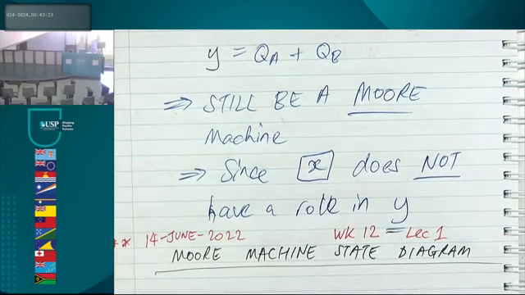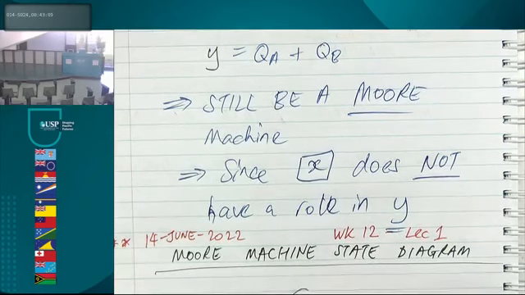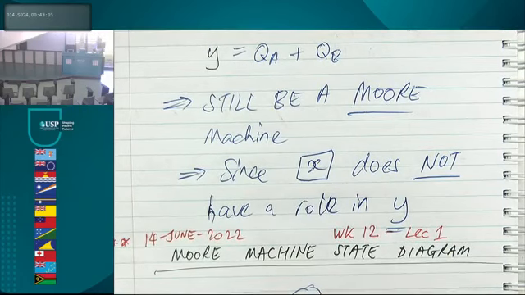All right. Now, what does a Moore machine state diagram look like? Now, in a Moore machine, the state diagram is drawn slightly differently, right? Let me give you an example. Let's say it's a 4-state system. You have 00, 01, 10, 11.